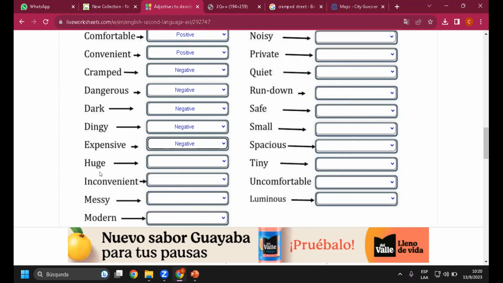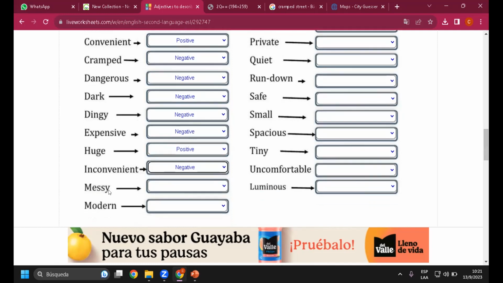This is like more than big. So huge is positive or negative? Positive. Actually, it's something positive, right? Inconvenient. Negative.